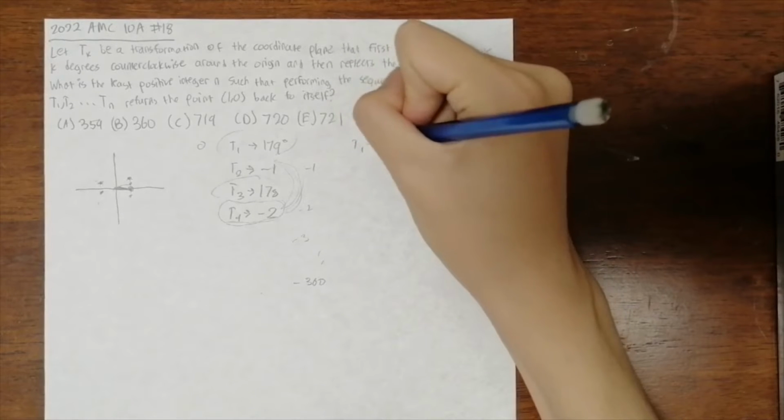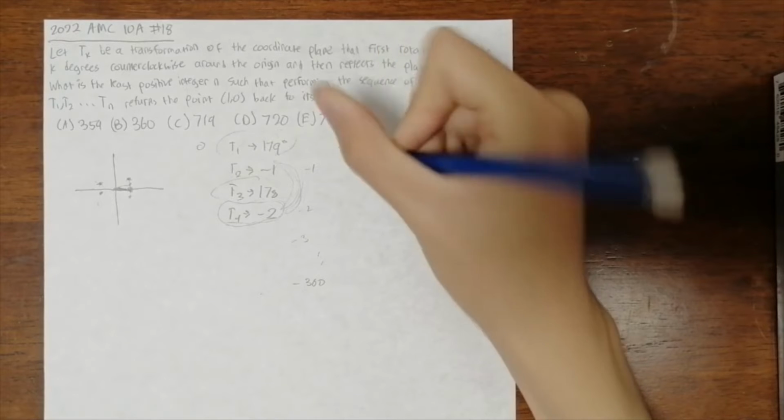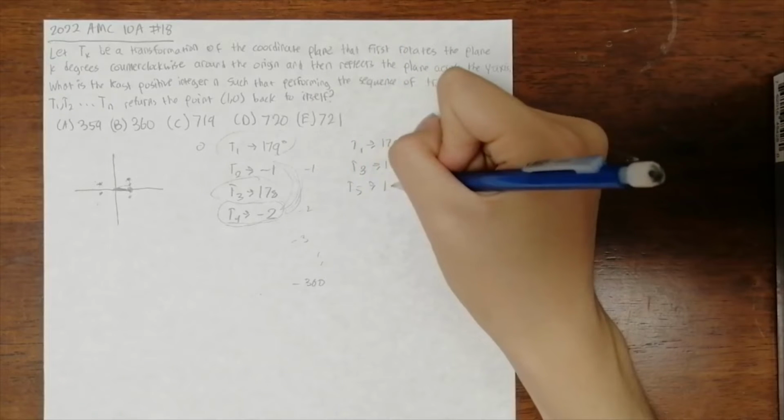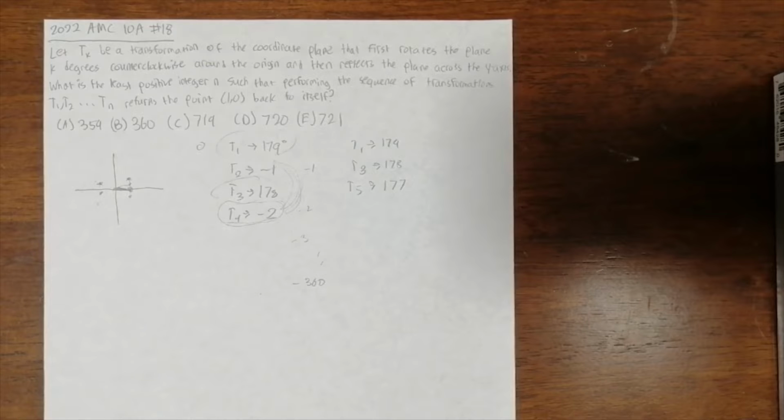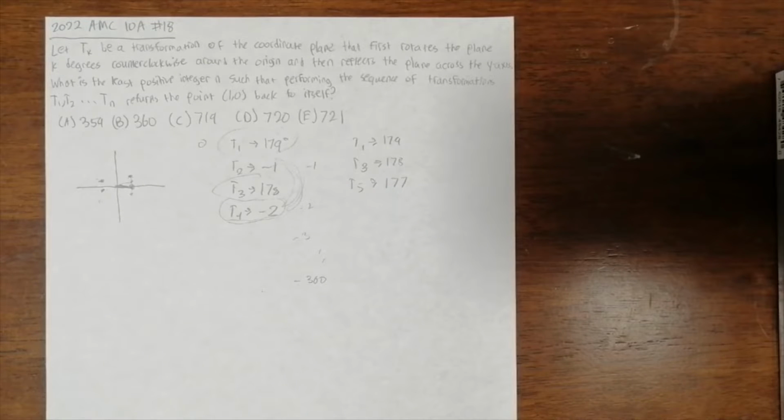So T1 is 179, T3 is 178, T5 is going to be 177.